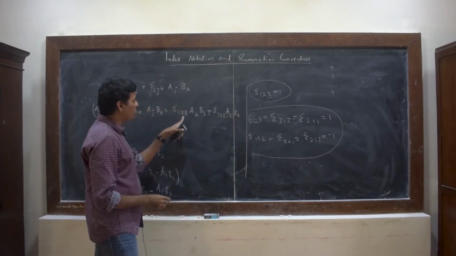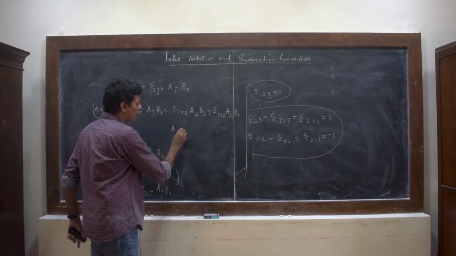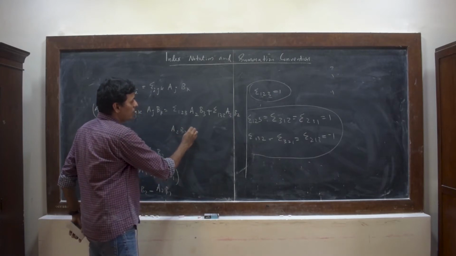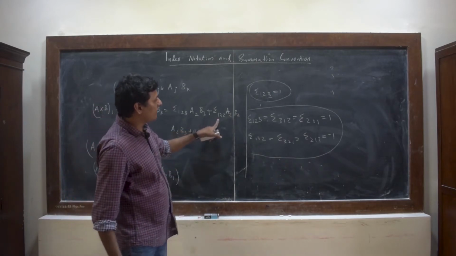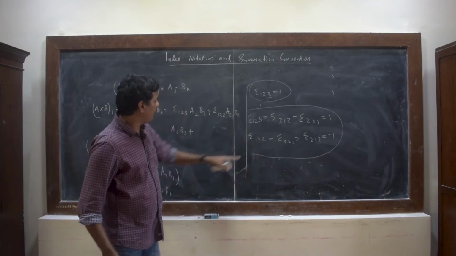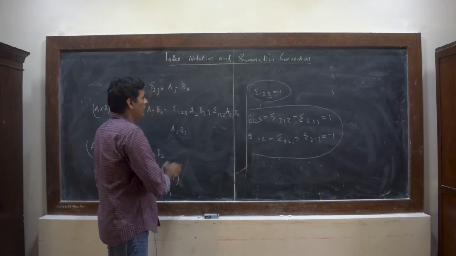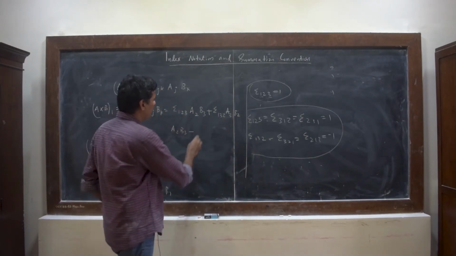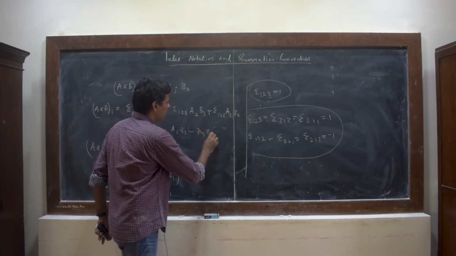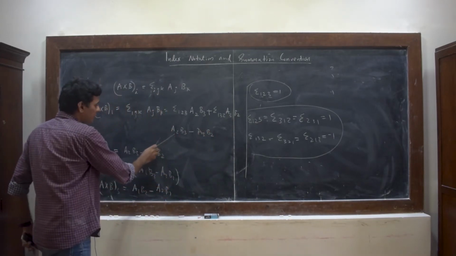But you know that epsilon 123 is 1, so it will be A2 B3, and then epsilon 132 is minus 1, right? So you will have a minus sign here, minus A3 B2. You look at it, it will be exactly the same.